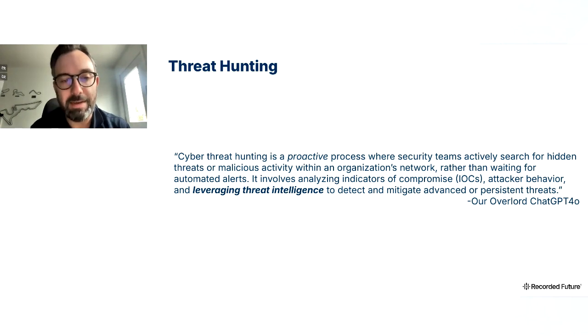Cyber threat hunting is a proactive process where security teams actively search for hidden threats or malicious activity within an organization's network, rather than waiting for automated alerts. It involves analyzing indicators of compromise, attack behavior, and leveraging threat intelligence to detect and mitigate advanced or persistent threats. I mean, I couldn't have provided that answer without ChatGPT. It's pretty perfect, and it frames exactly what I want to talk about today.